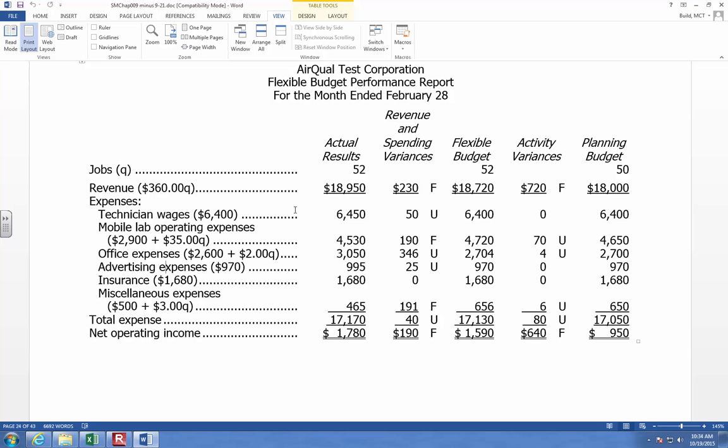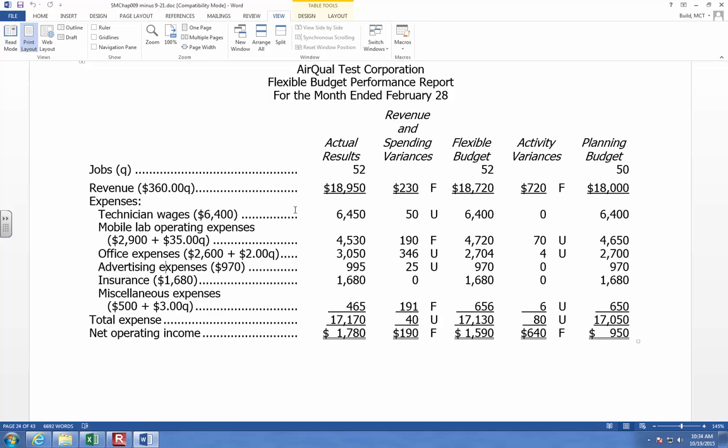Yay or nay? How much was it off percentage-wise? 0.7%. It's less than 1%. Is that material? Are you going to spend any time looking at that? Probably not. It's probably somebody worked 2 hours of overtime, right?